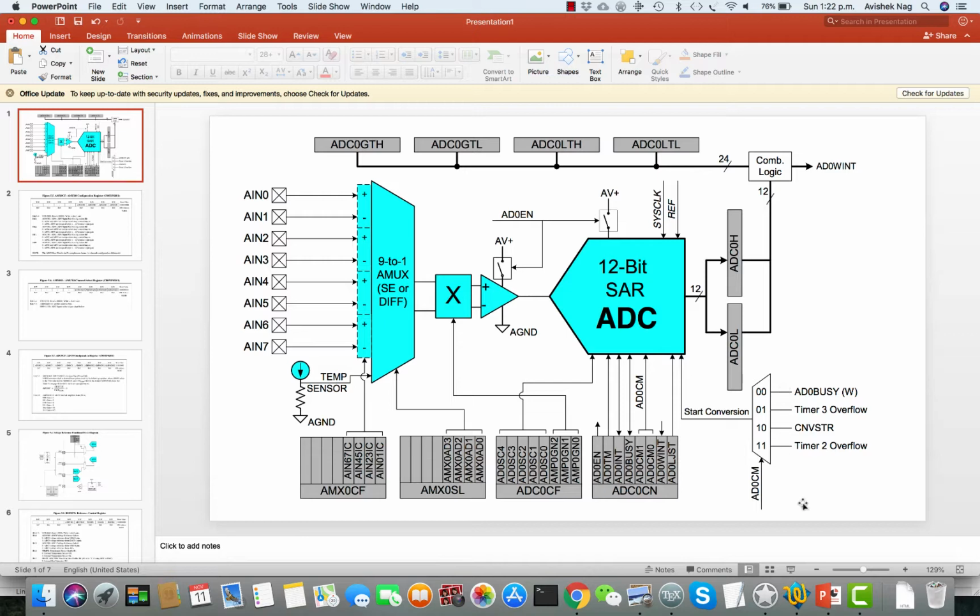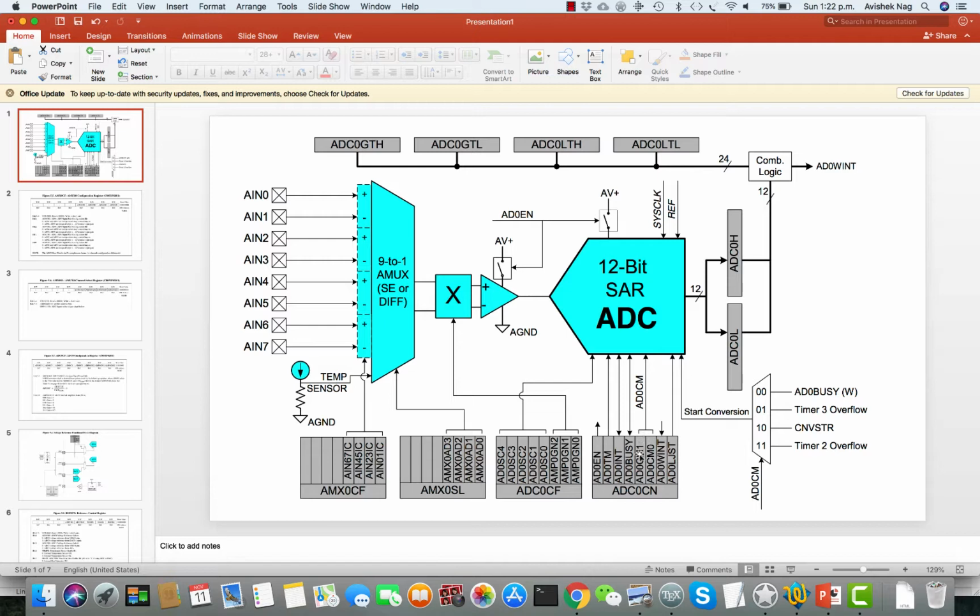We will be working with this particular method, which gets activated if you put ADC0CM1 equal to 0 and ADC0CM0 equal to 0.